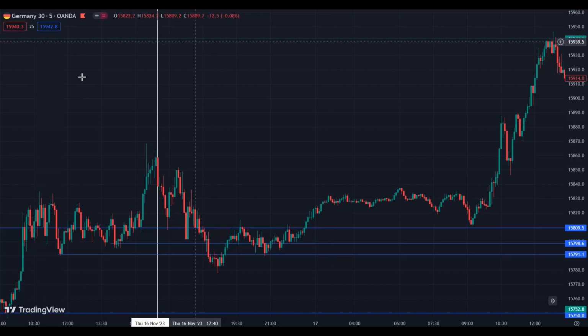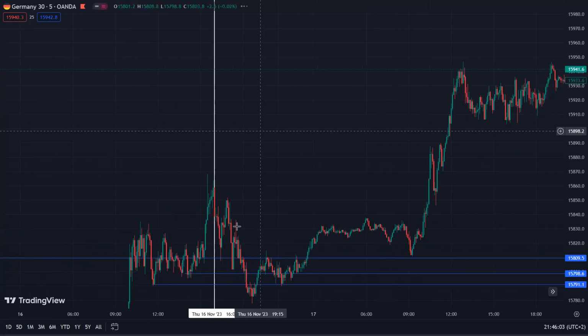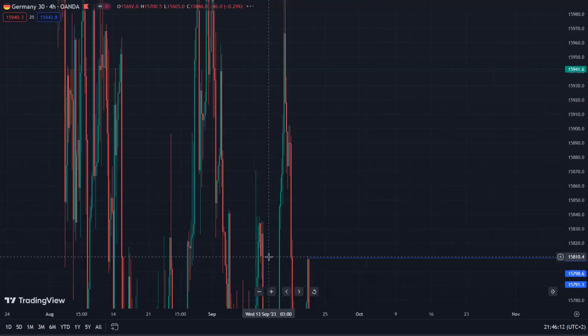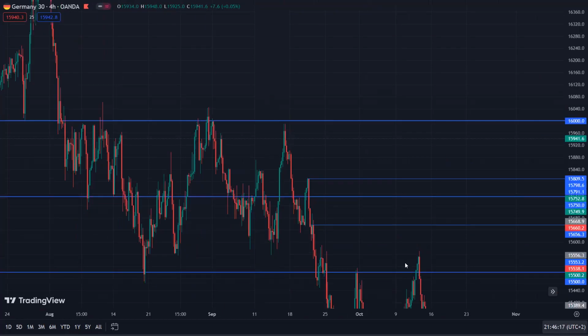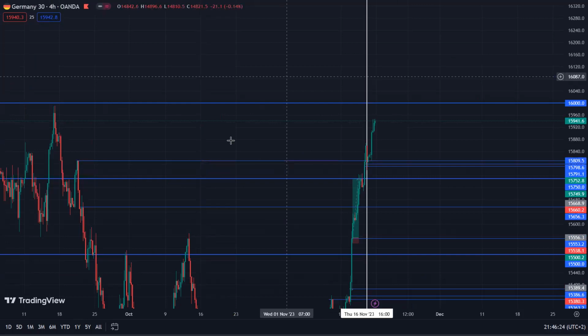Let's put in the smart now, guys. You see now, remember the structure we have on the 4 hour, right? The structure on the 4 hour, which we got from inside now.